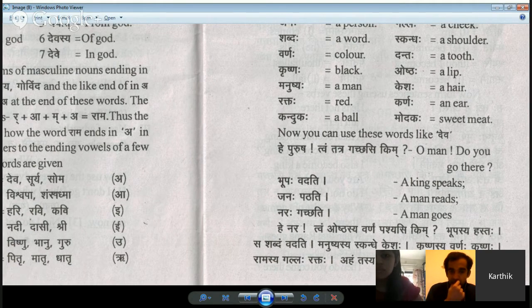Now assuming asti is the verb, what is the subject? Subject should be in prathama vibhakti, right? And we are seeing only akaranta pullinga shabda. In this sentence you have three words: manushyasya, skandhe, keshaha. Which one is in prathama vibhakti? Unnati, can you tell me?